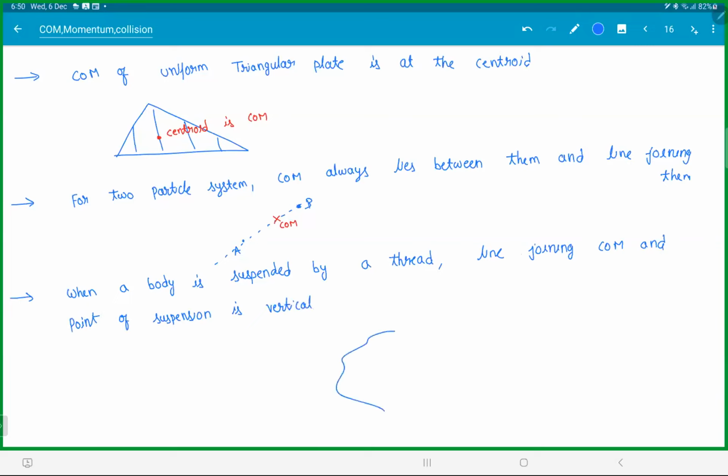If you take some random amoeba shape and tie it with a rope, this is the point of suspension, and the center of mass will definitely lie on the line.